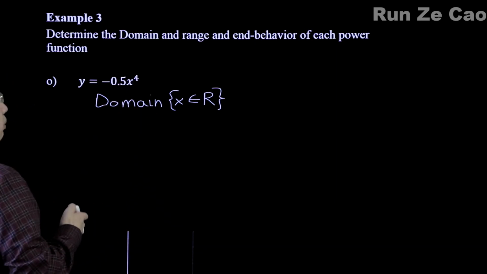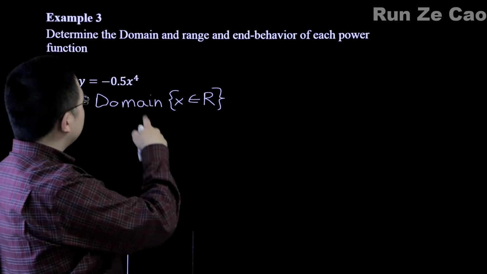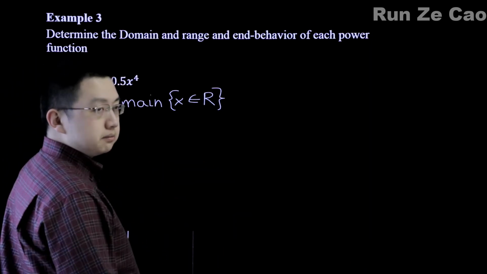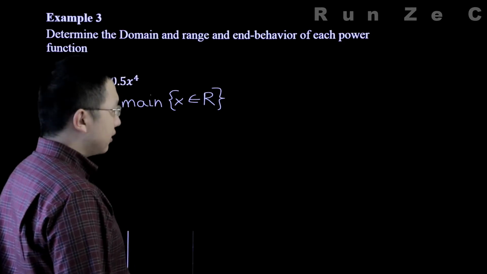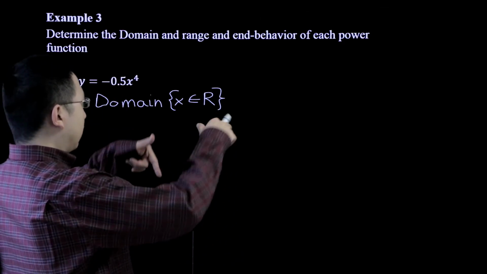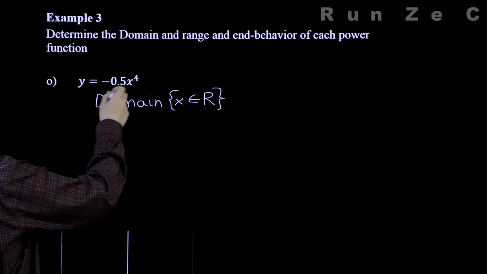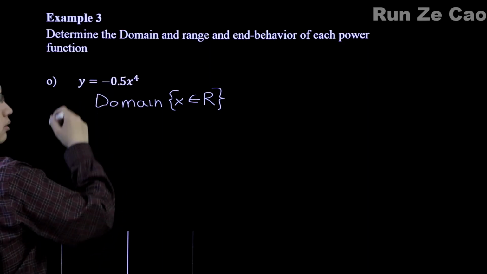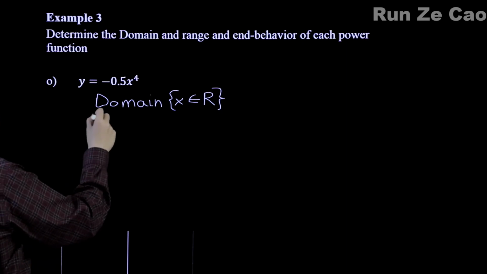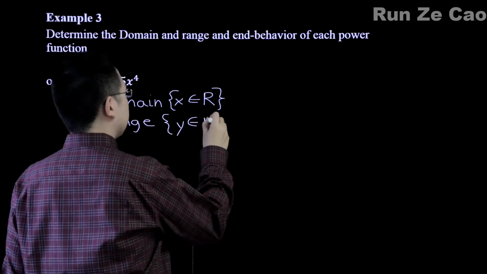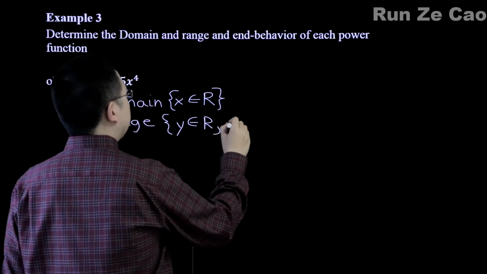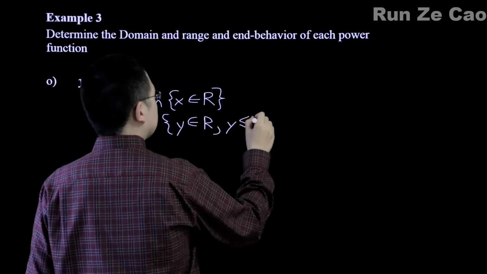The range would be, well, negative 0.5 times, so it's opening downward, and is this moved up from having the biggest possible value this can reach be at x equals 0? So 0? Well, no. So range is an element of the real numbers. And what else? Well, we know that y is less than or equal to 0.